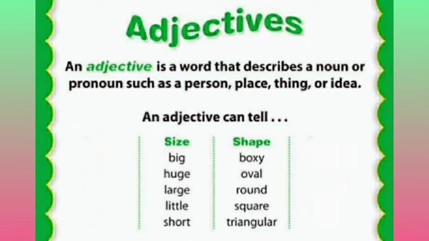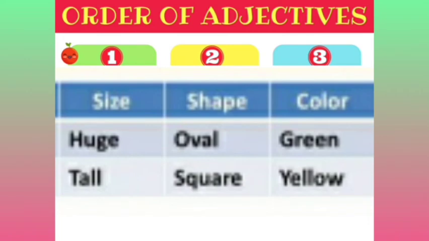Now we need to learn the most important thing in your syllabus, and that is the order of adjectives. The general order in which adjectives come before a noun is size first, shape second, and color third. So huge, oval, green.